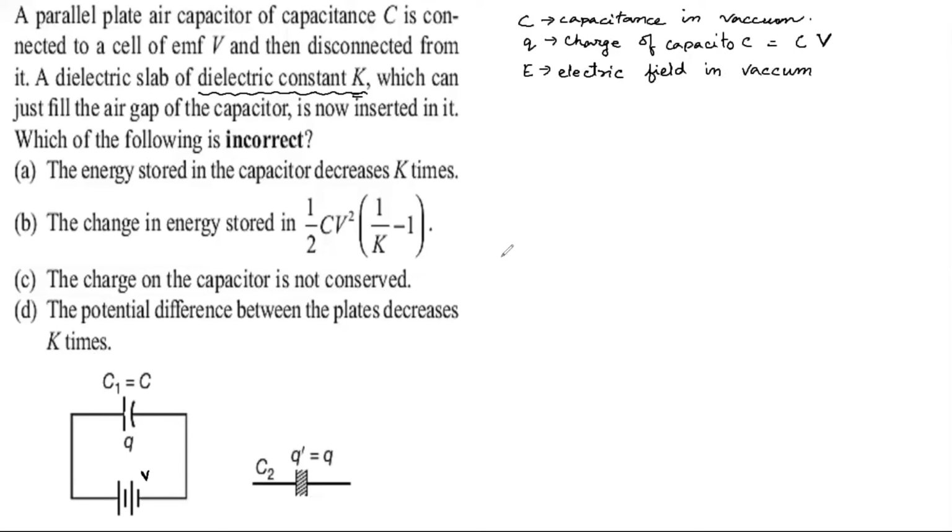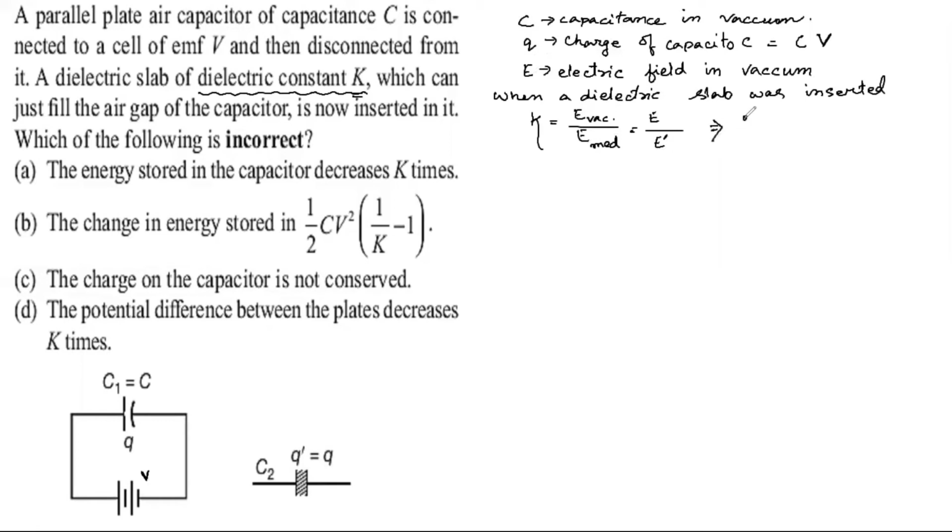Now, when a dielectric slab of dielectric constant K was inserted, we have the relation that the dielectric constant is nothing but the electric field in vacuum divided by the electric field in the medium. The electric field in vacuum is E, so we replace it by E. In this medium, when we insert the dielectric slab, let's say it is E dash.